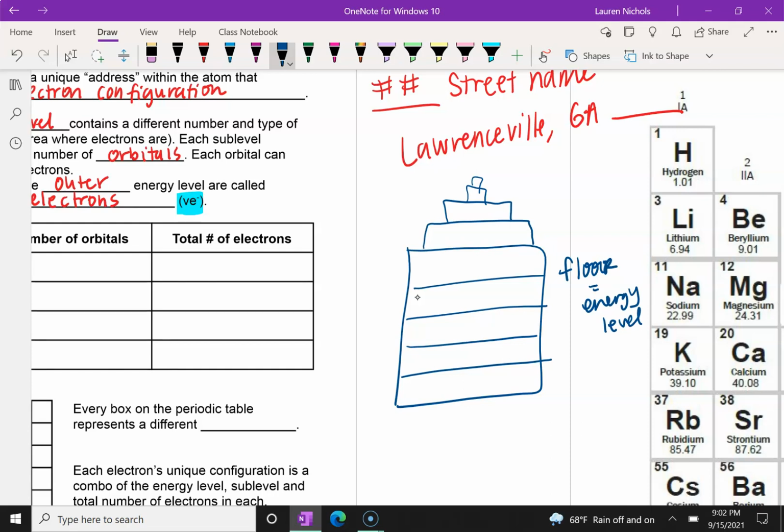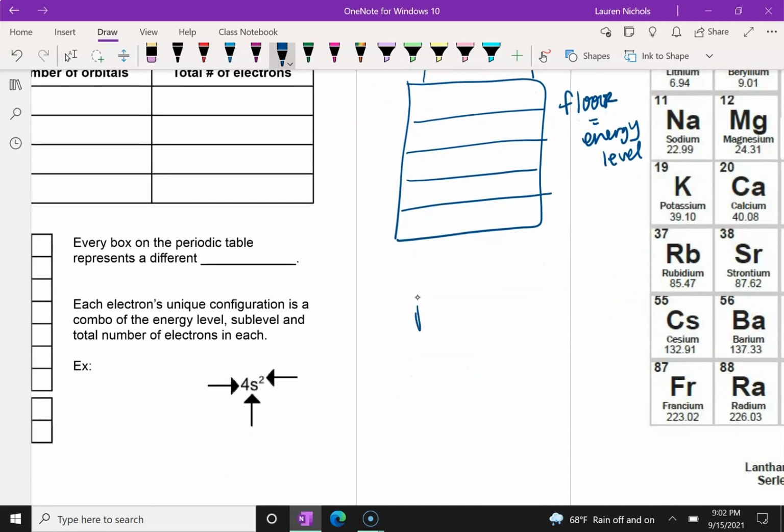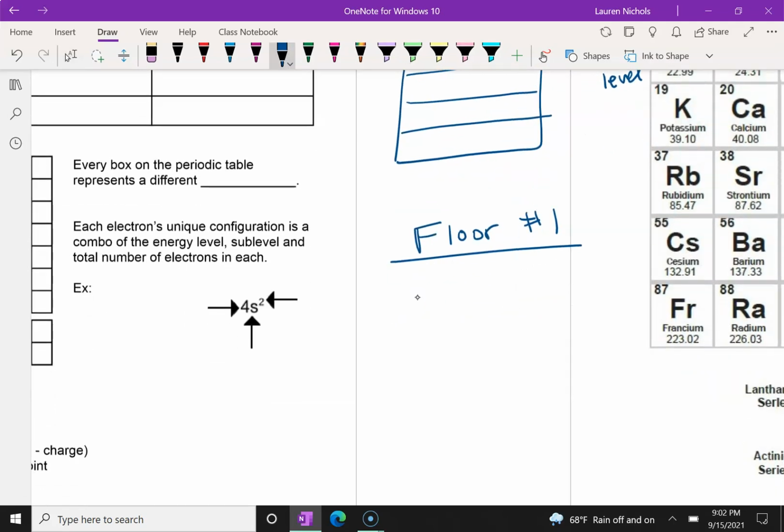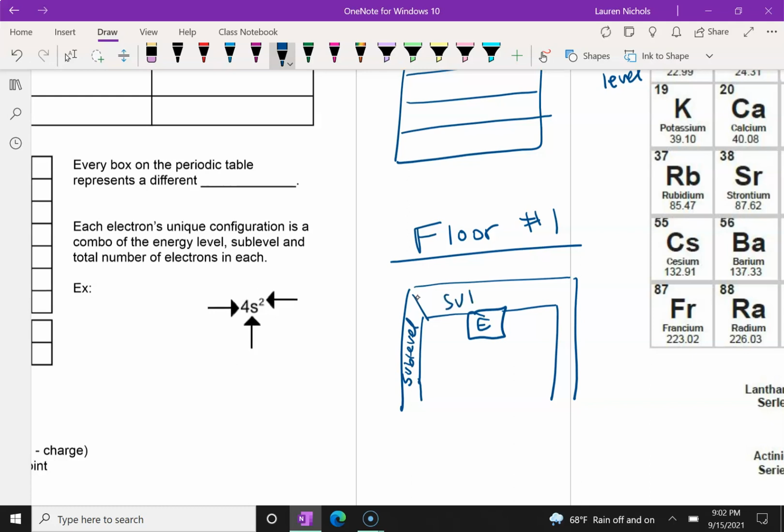When you get on the floor, let's say floor number 1 is shaped like this, where you've got your elevator, and then there's a hallway, and then there are these other hallways. Each hallway or type of hallway would be like a sublevel.